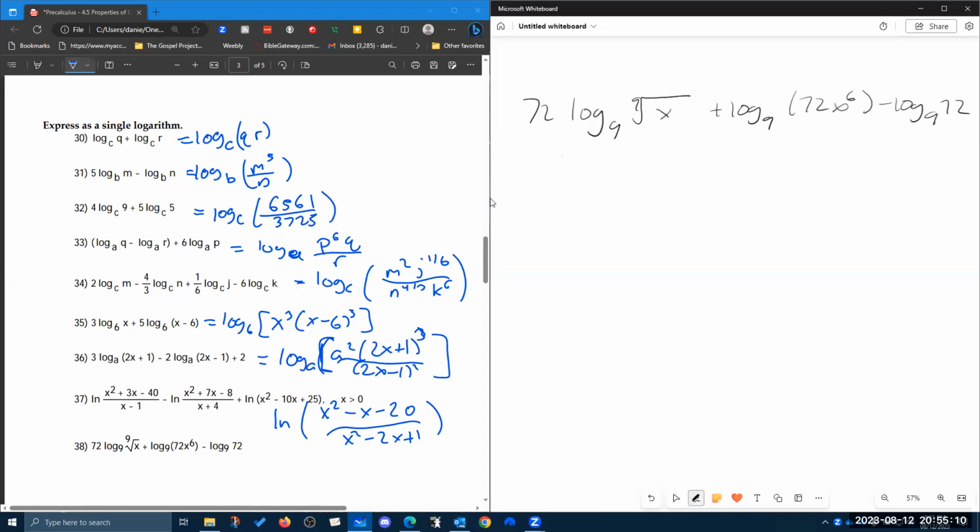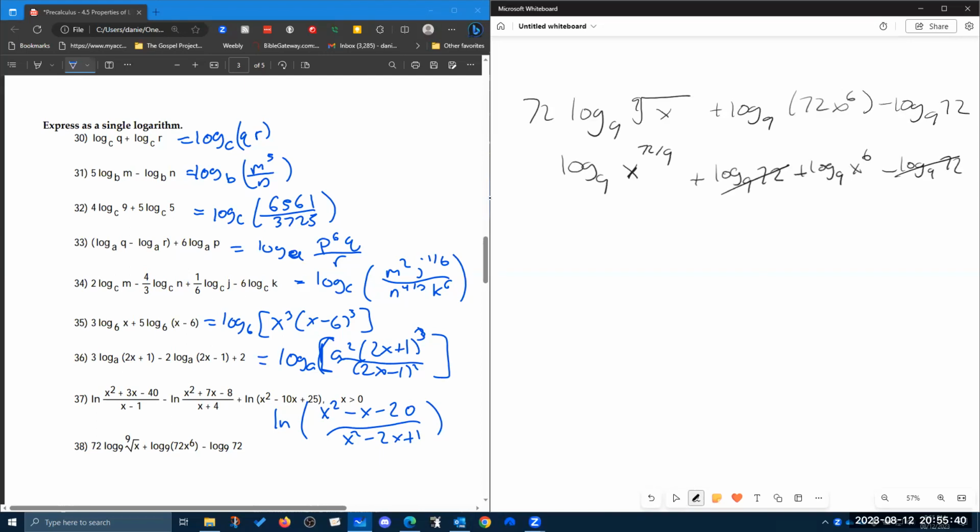This is going to be log base 9 of x to the 72 divided by 9, plus log base 9 of 72 plus log base 9 of x to the 6th minus log base 9 of 72.